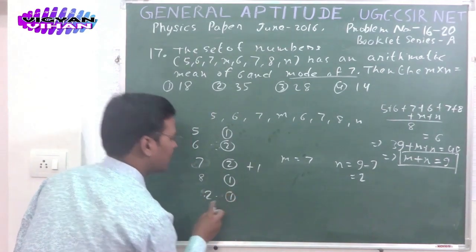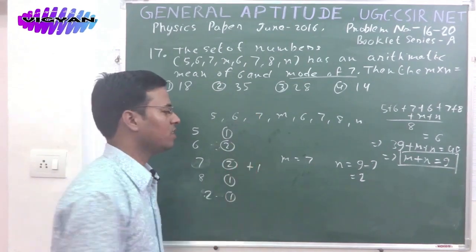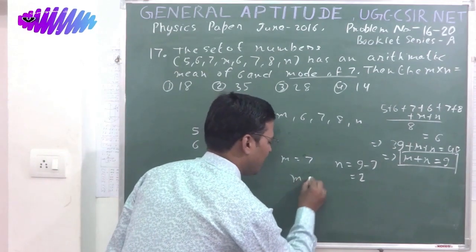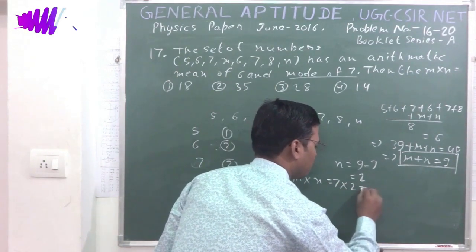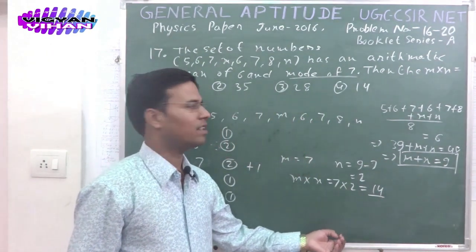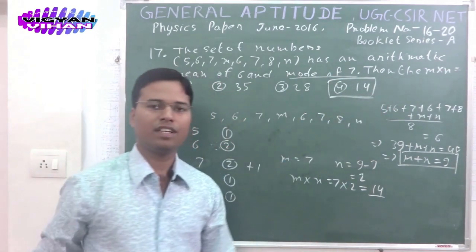That is also 1 time. In that condition, 7 is the mode of this set of numbers. Then m and n will be multiplied to get the value m multiplied with n. 7 multiplied with 2 will give you the value 14. The correct answer of this problem is option 4, 14.